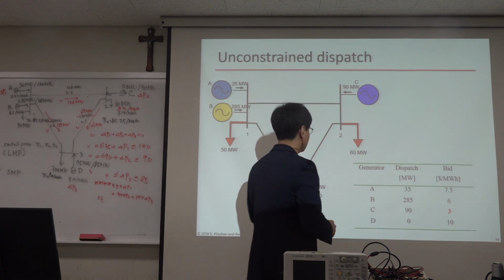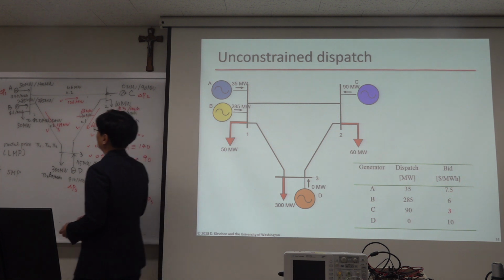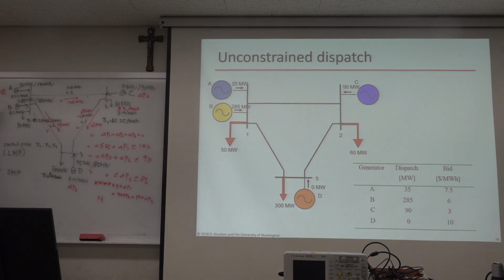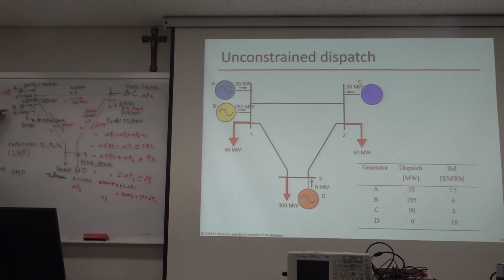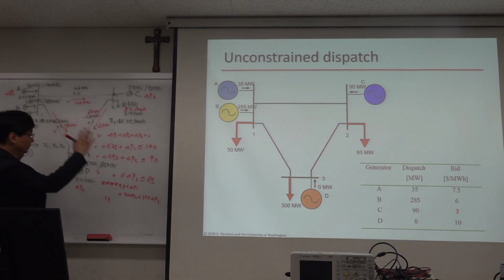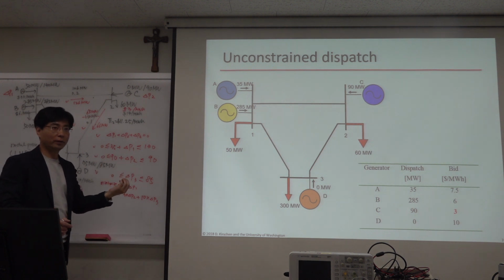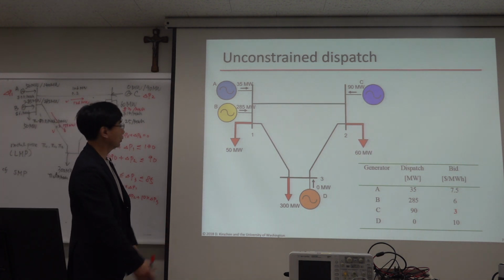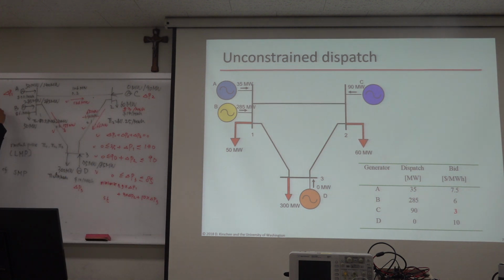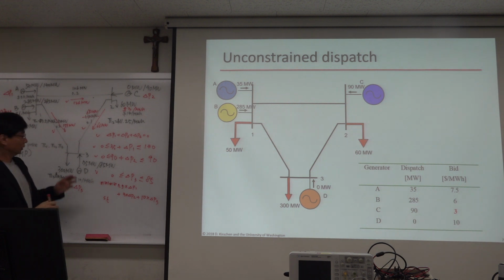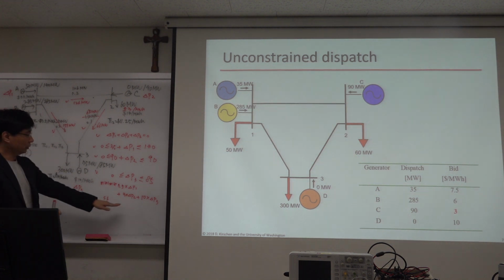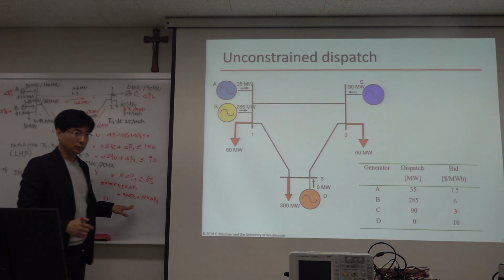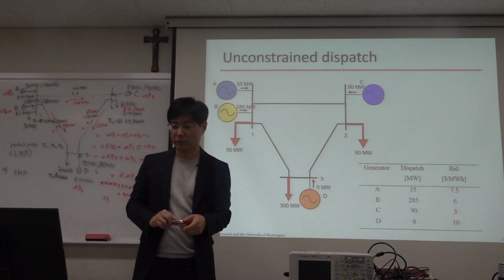But if you are not happy with that, then you need to set delta PB. We have one more variable and more constraints, right? But the solution will be delta PB will be 0. If you include this one, then you need to modify that one too. Okay, good question. Any other questions?